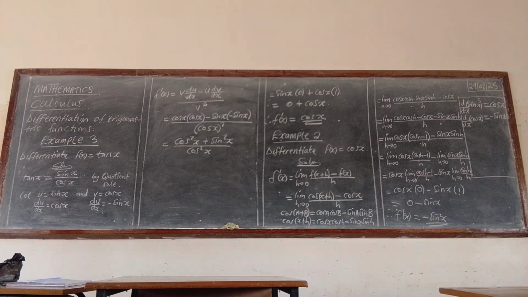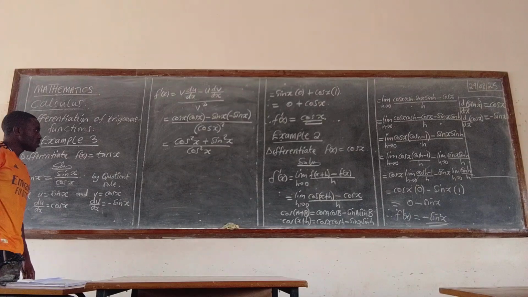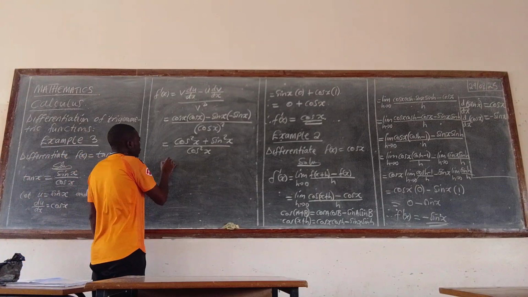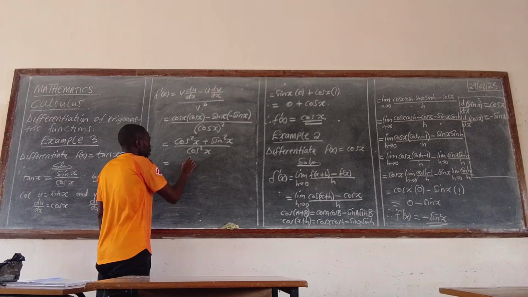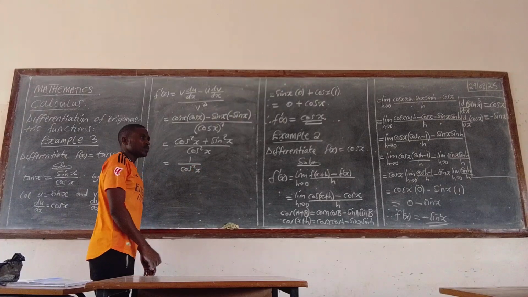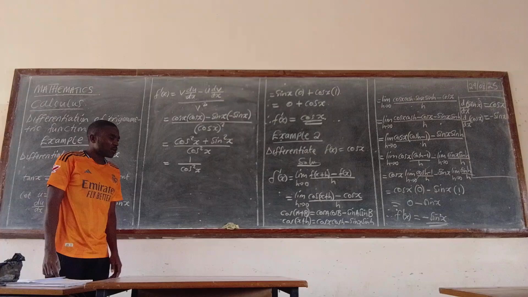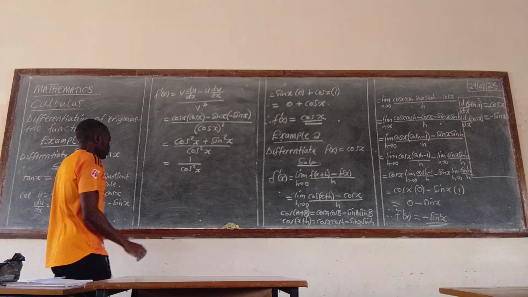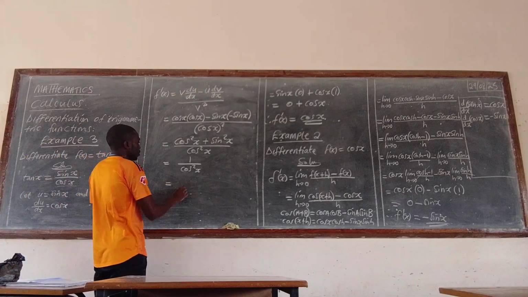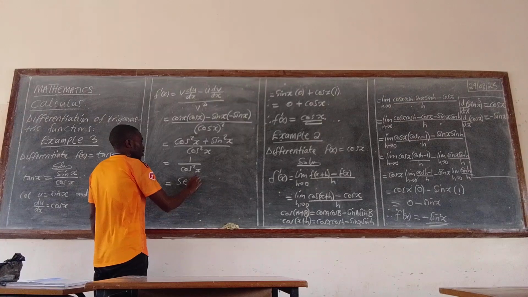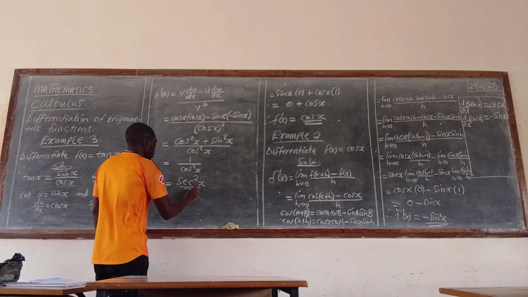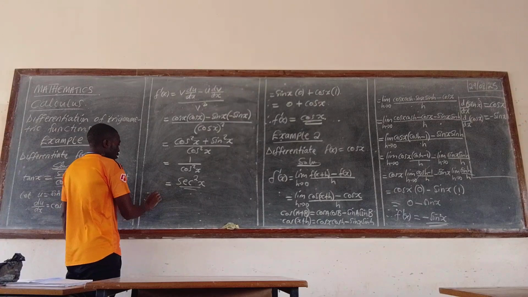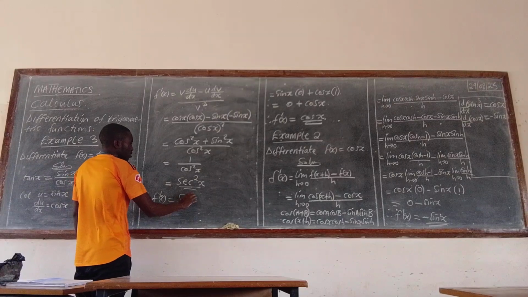Cos squared x plus sine squared x is simply giving us what? Simply giving us a 1 divided by cos squared x. And now, 1 divided by cos squared x simply gives us sec squared x. Therefore, the f prime of x is equal to sec squared x.